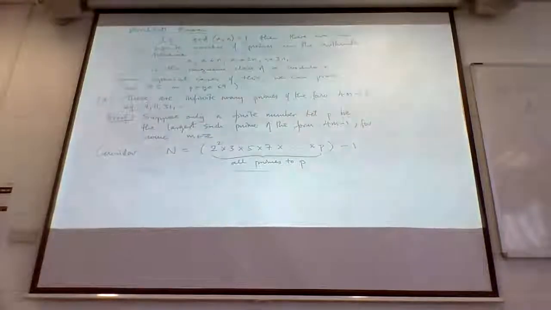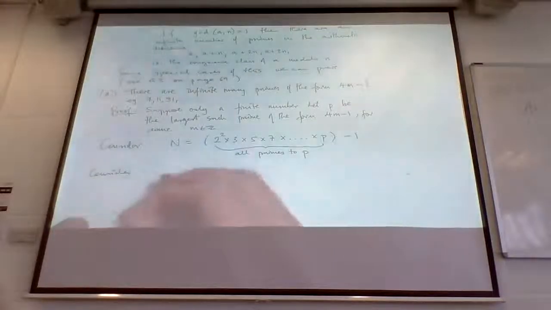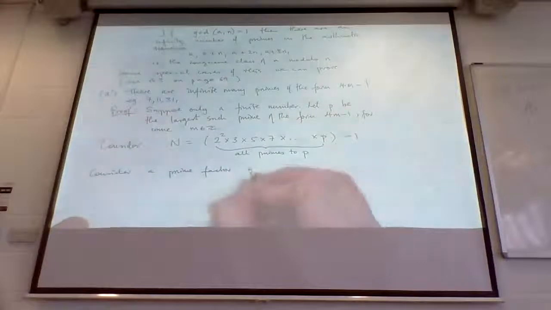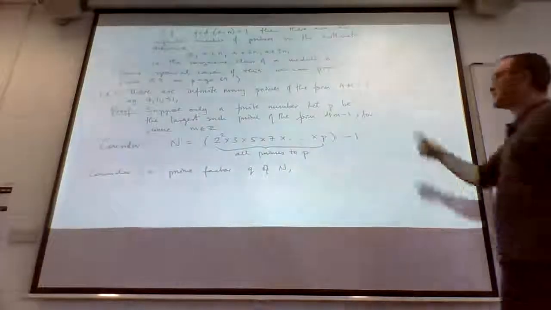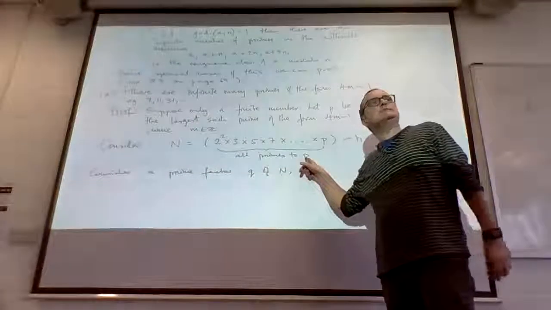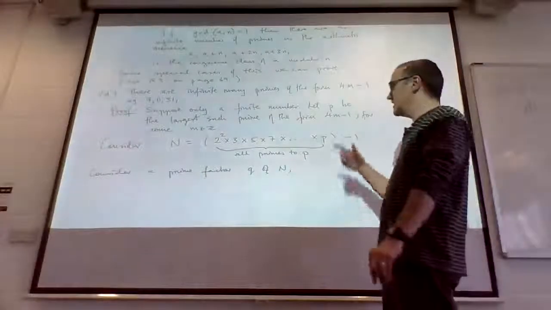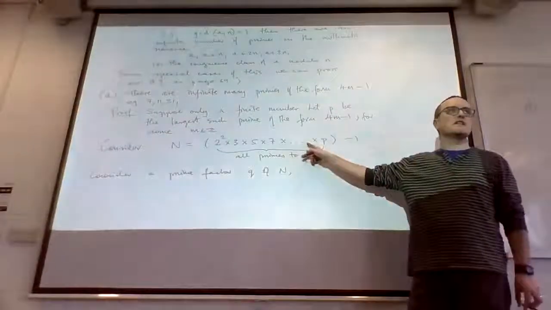Then we think of the prime factors of n. So we consider a prime factor q of n. First of all, q must be bigger than p, because if it wasn't bigger than p, then it would be included in this list.